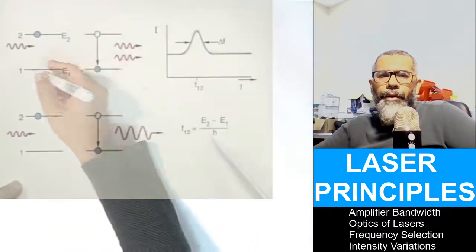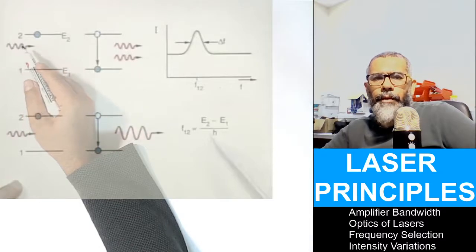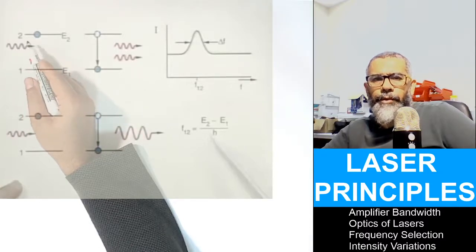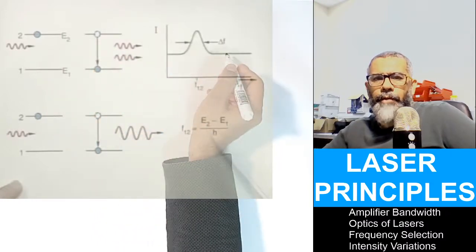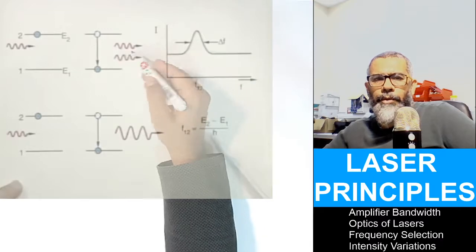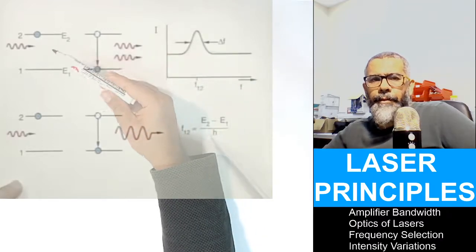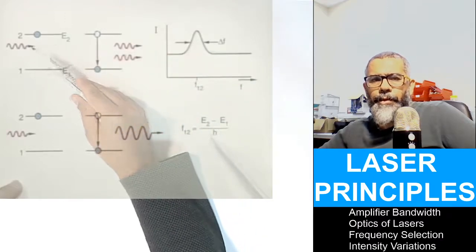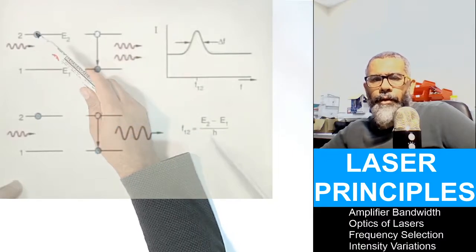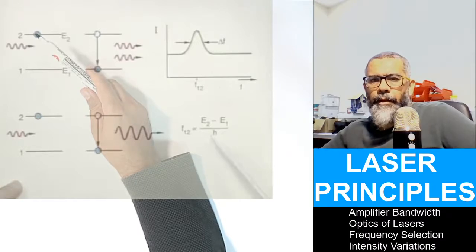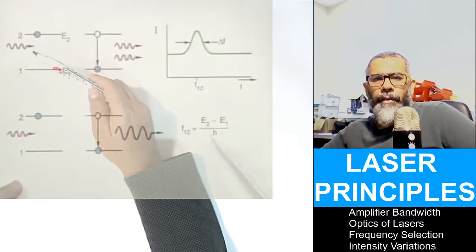Of course, if the incoming photon frequency does not match the energy difference between these two levels, there will be no absorption. The photon will just pass by, and there will be no change in the electron's level.